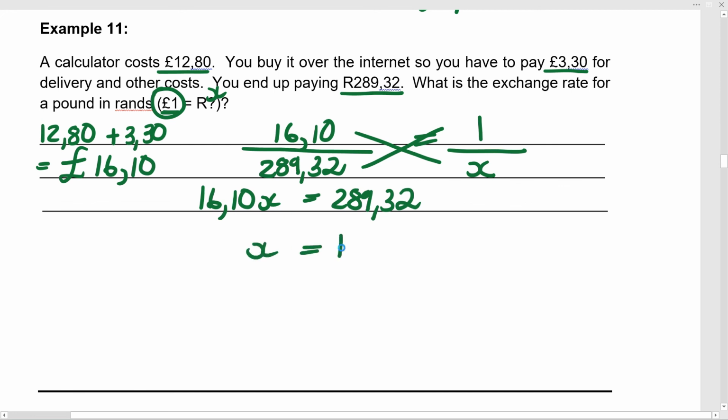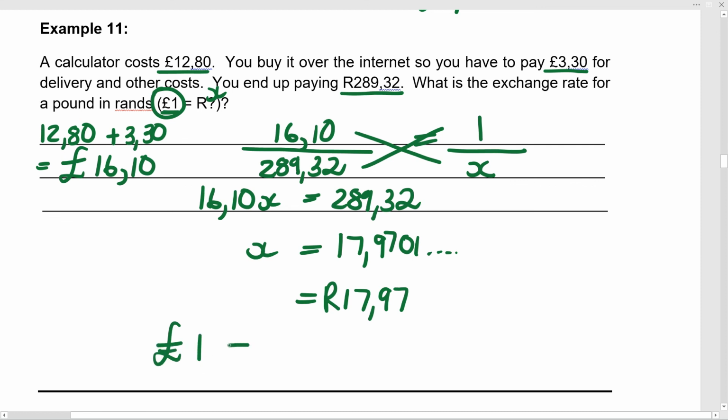I get 17.9701 and a whole lot of other digits. I do need to round to 2 decimal places, so I'm going to say 17.97, but what was that again? That is rands. They wanted the exchange rate, so I need to give it as £1 equals 17.97 rands.